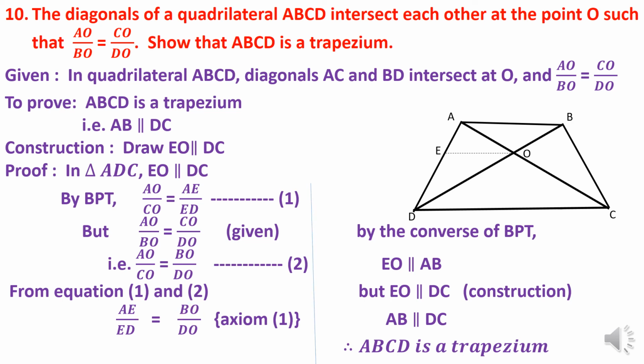By the converse of basic proportionality theorem, EO is parallel to AB, but EO is parallel to DC by construction, which implies that AB is parallel to DC. Therefore, ABCD is a trapezium.